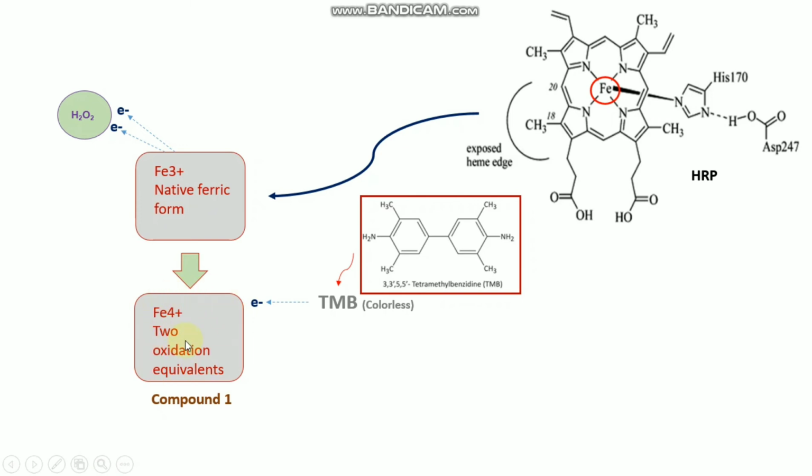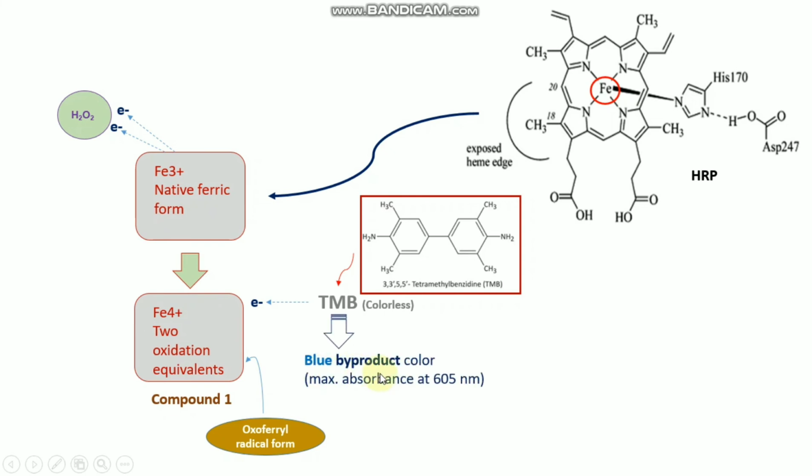This compound has already lost electrons that were donated to the hydrogen peroxide, so those electrons are compensated by the TMB donating electrons to this compound. While the TMB donates electrons, it changes color, giving a blue byproduct, and the maximum absorbance of this color is around 605 nanometers.